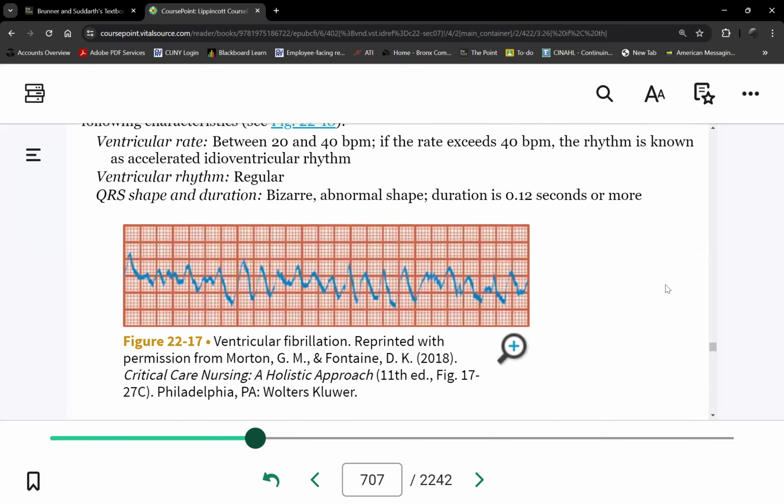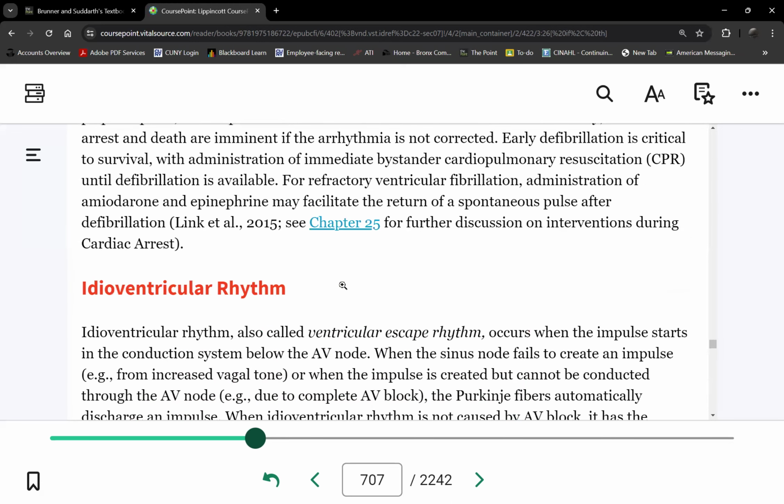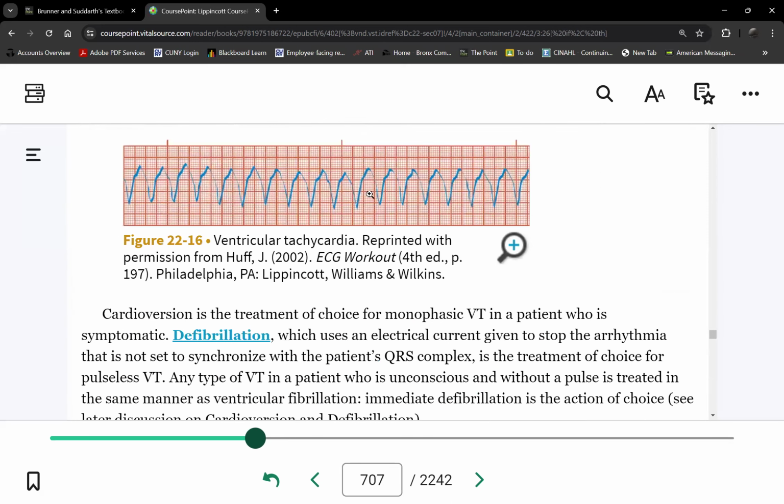You want to stop the current rhythm by delivering a really high voltage shock, because this patient is in ventricular fibrillation, and then hopefully the heart will resume. Same thing with pulseless VTAC. You want to stop this and then restart the heart, kind of like rebooting a computer.